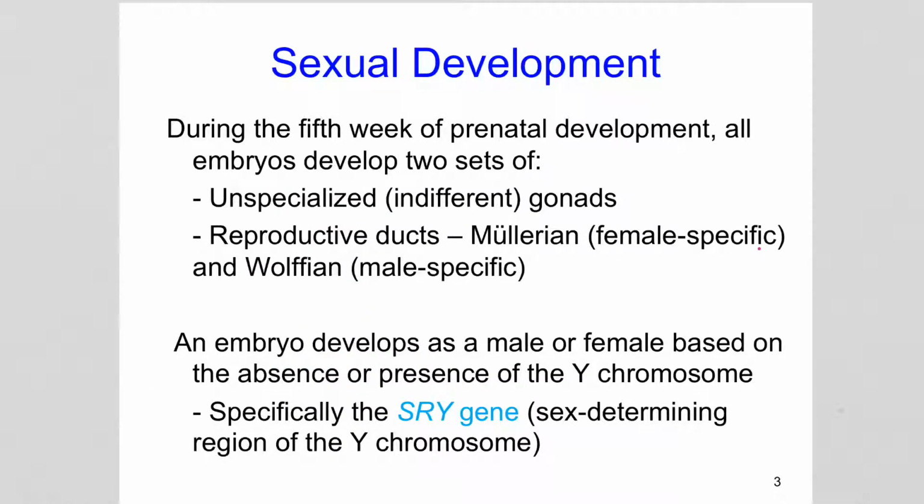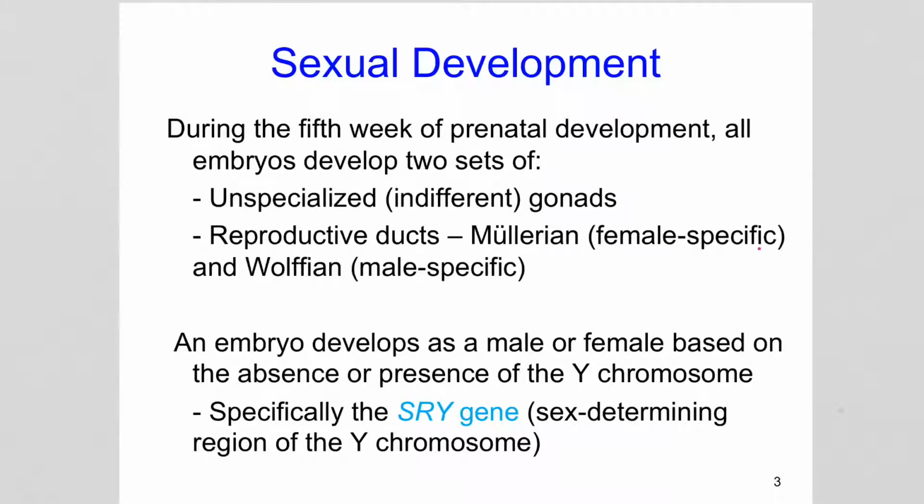So let's explore what happens during embryonic development that contributes to the biological aspect of sexual identity. Differences between the sexes actually don't become apparent until the 9th week of prenatal development.